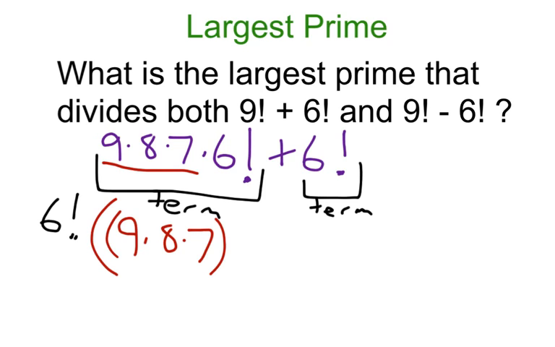And then I'm going to see how many times 6 factorial will go into my second term, which is 6 factorial. Well, 6 factorial times 1 gives us 6 factorial, so that's just positive 1 there. So this is like the distributive property. I'm factoring out what goes into two terms.